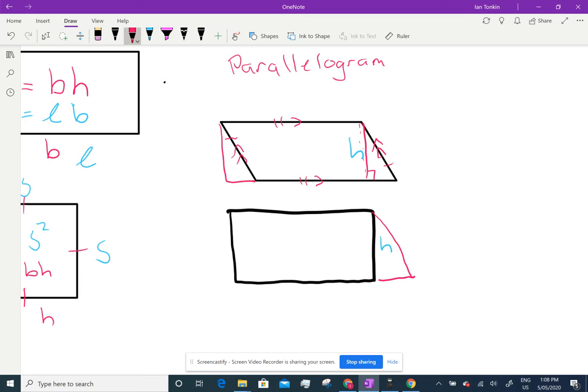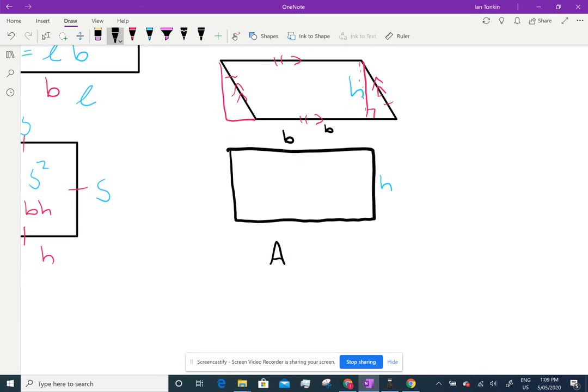All right? And this distance, which hasn't changed, is the base, which was the same as this height, so the base. So the area of a parallelogram, you cut this bit off, you make it a rectangle, the area of a parallelogram equals base times height. All right?